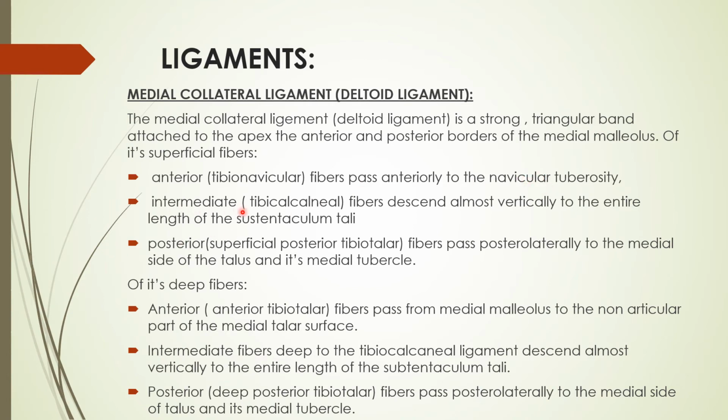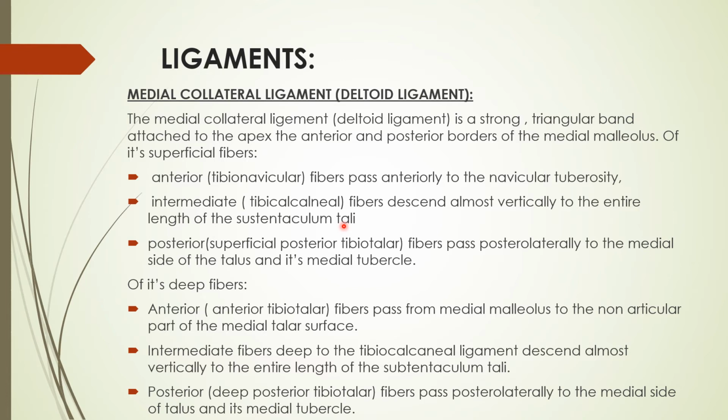The intermediate part, as the name suggests, the tibiocalcaneal fibers, descends almost vertically the entire length of the sustentaculum tali from the inferior border and tip of the medial malleolus.